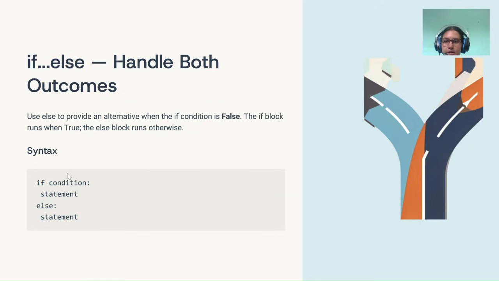If our condition is true, it will print the if statement and ignore the else block, and the code will stop. But if the condition is false, it will ignore the if block, because obviously when the condition was false nothing printed, and it will move on to else and print whatever is in the else block, right?